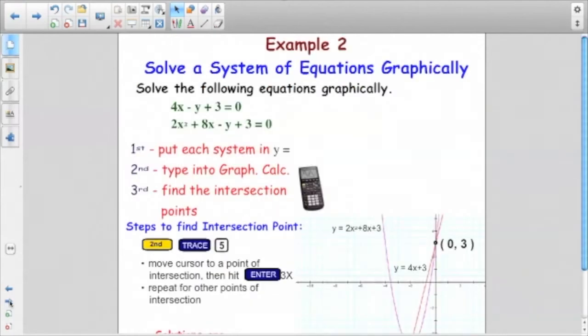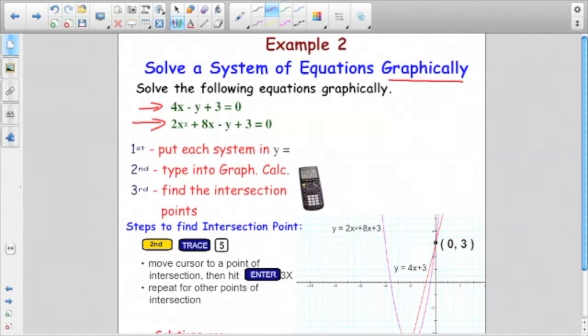Okay, so in example 2, we are going to look at the ways you can solve these systems. One way we can solve is by graphing, using our graphing calculator. So here's our 2 examples.